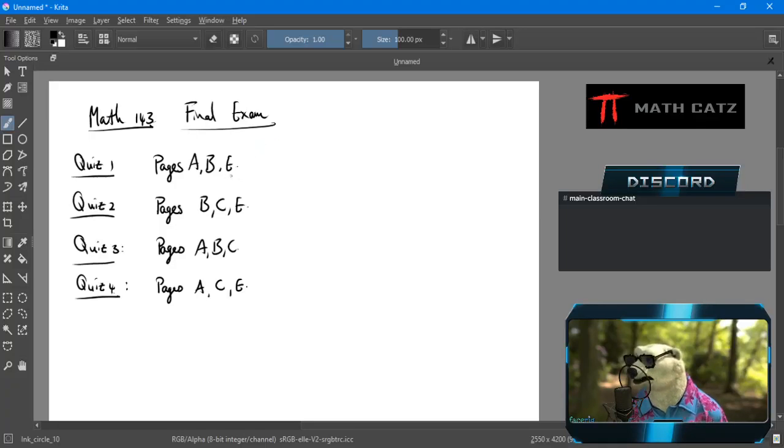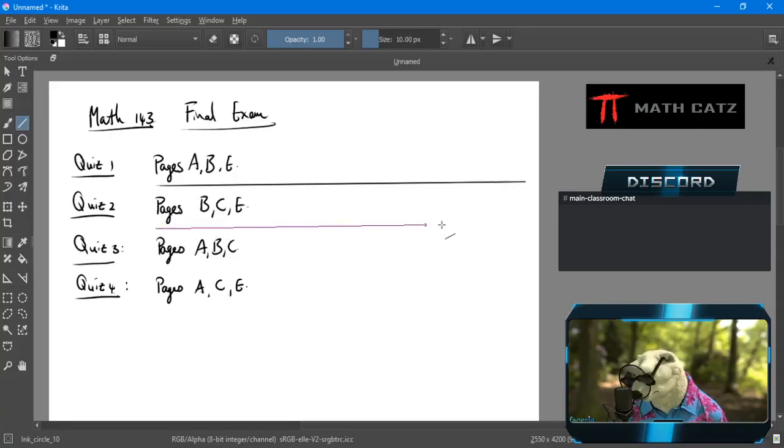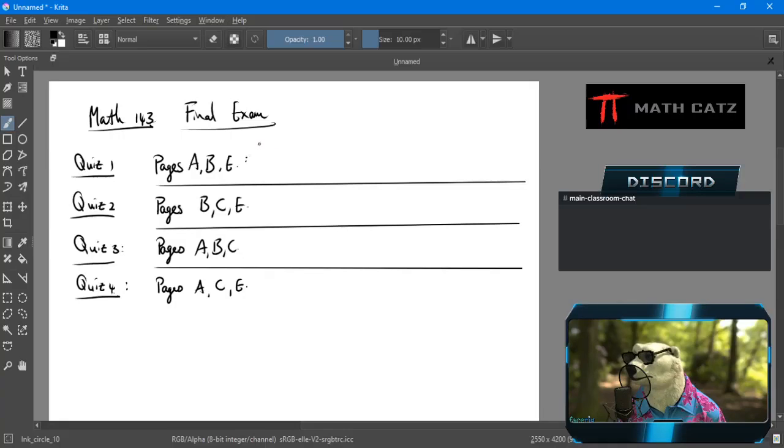So here we'll have maybe some separator lines, so we know what we are talking about. So these are the suggested problems we can look at to prepare for each of those topics.